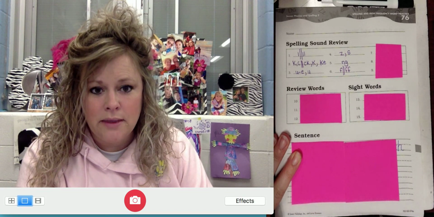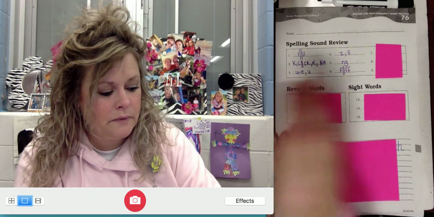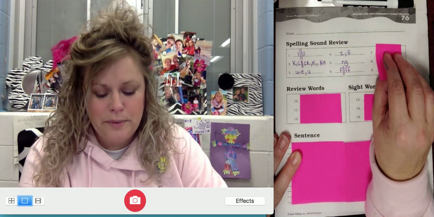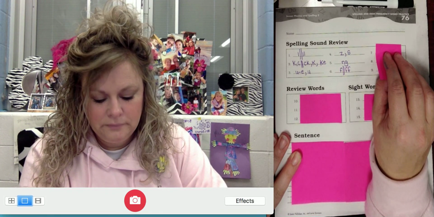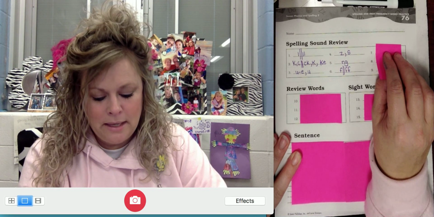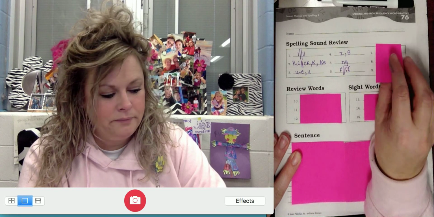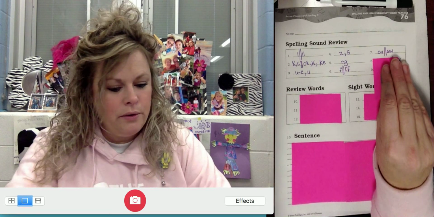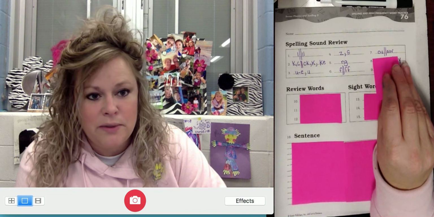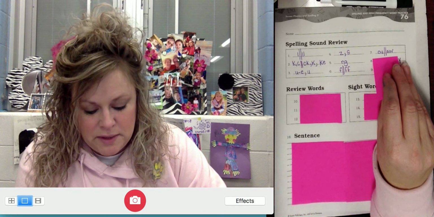PH would also make the F sound. Number 7, ow. Repeat. Go ahead and write it. Like mouse and cow. OU when it's in the initial and medial position, and OW when it's in the final position.